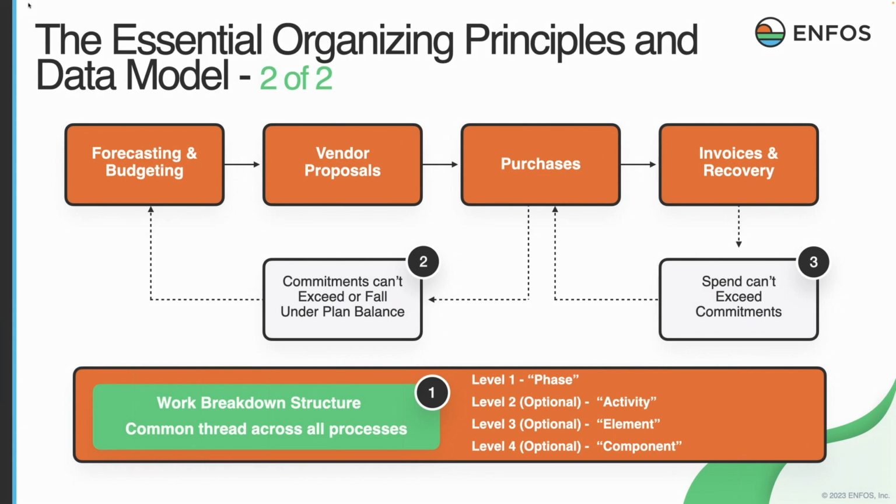So that linkage of the core financial processes in one systematic methodology and digital platform ties it all together. Okay? That is the basis of the organizing principles and data model to be able to effectively manage and control spend.